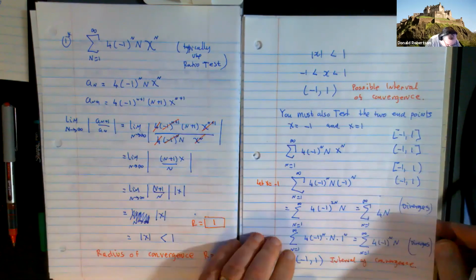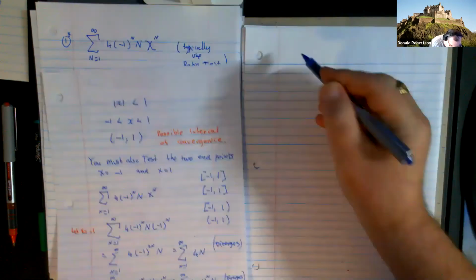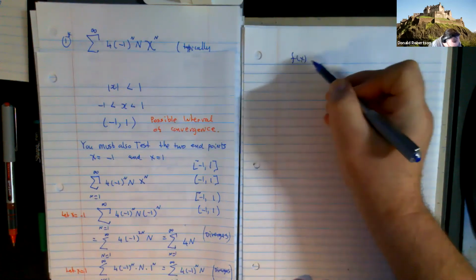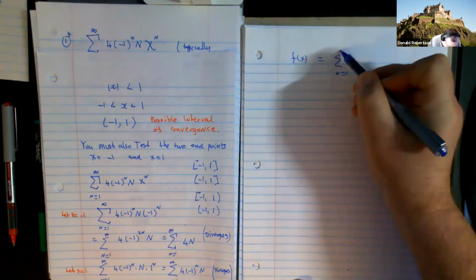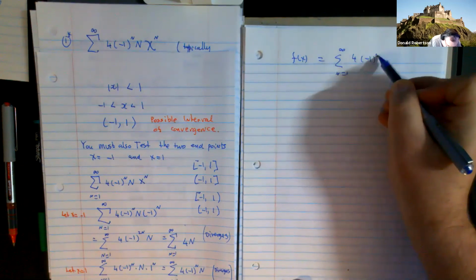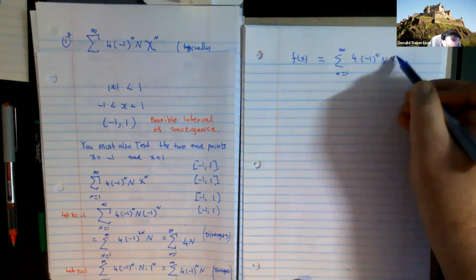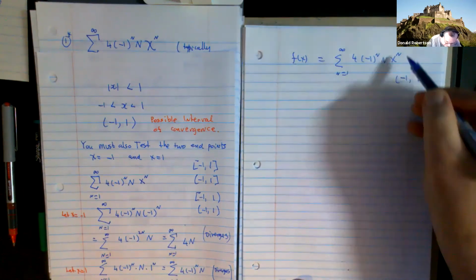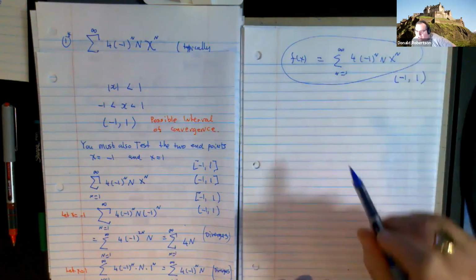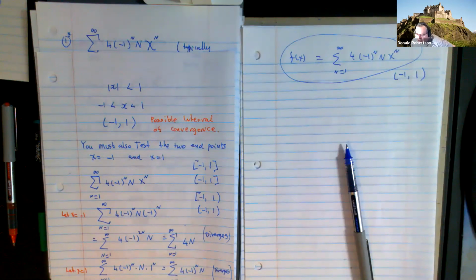So that means we can have a function, f of x, equal to the sum from n equals 1 to infinity of 4, (-1) to the n, x to the n, and as long as you keep x in the range -1 to 1, this will exist as a function.